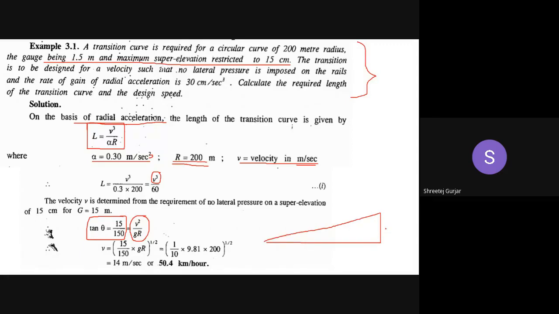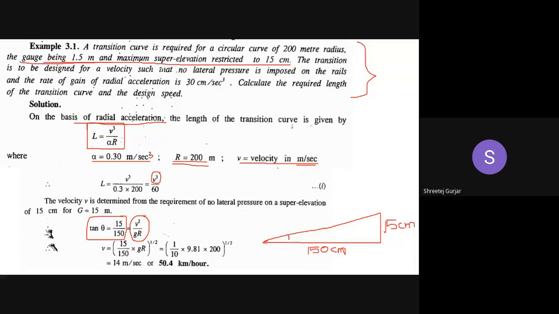The maximum super elevation that they have told us, that is this particular height that we can achieve, is 15 centimeters. And the gauge or the road distance is 1.5 meters, or nothing but 150 centimeters. Gauge meaning the width of the road.